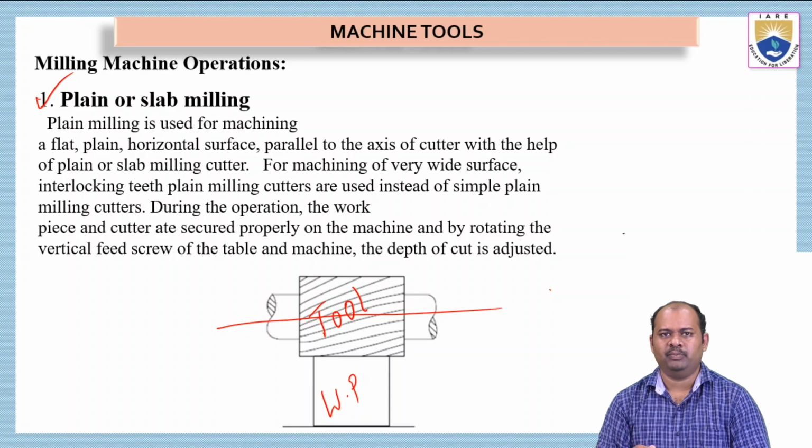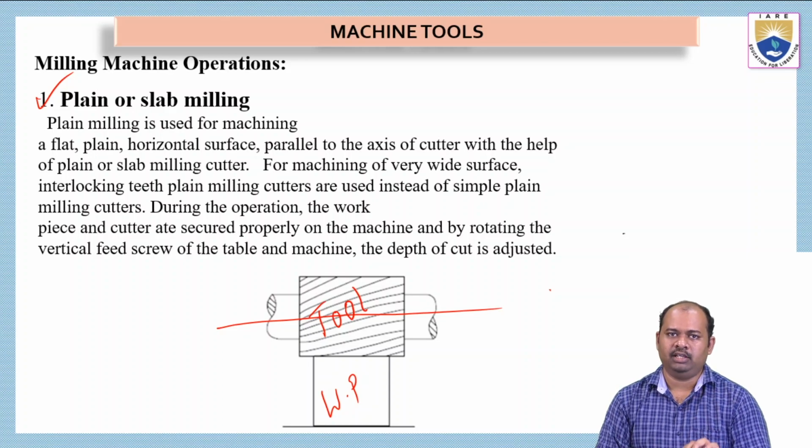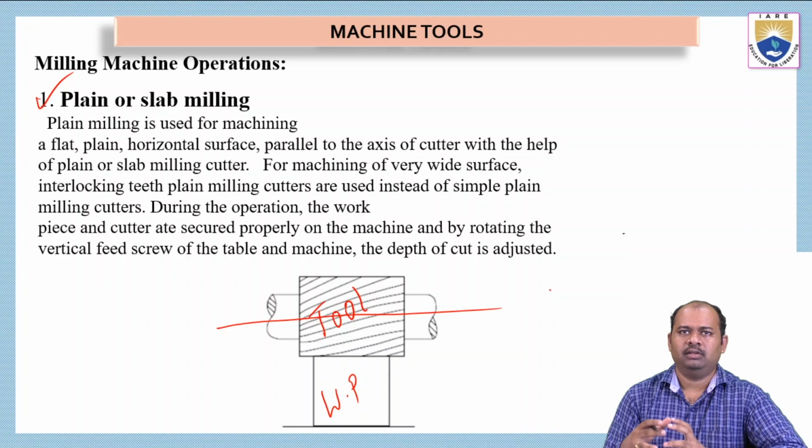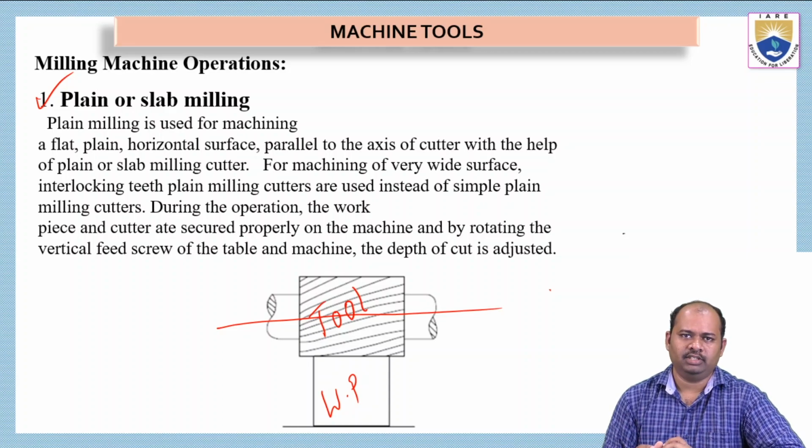This kind of milling process is called plane milling, a simple type of milling process. It is also called slab milling because it is used for flat horizontal surfaces. So we can attain flat or horizontal surfaces very easily with the help of plane milling.